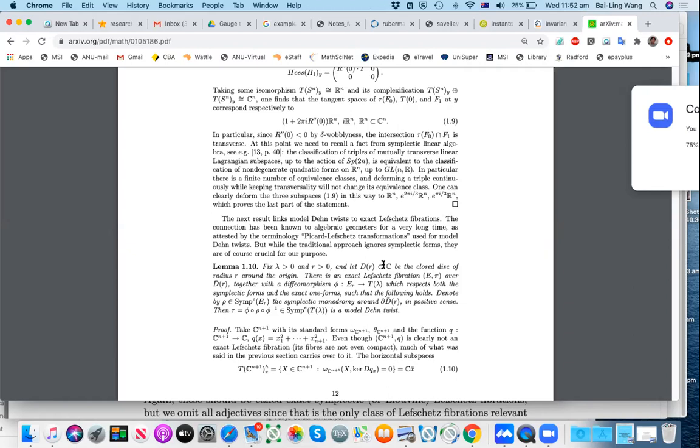There are ten lines summarizing the basic strategy, which may help you understand the proof. Bottom of 224, top of 225. I haven't read it or understood it, but I see that.